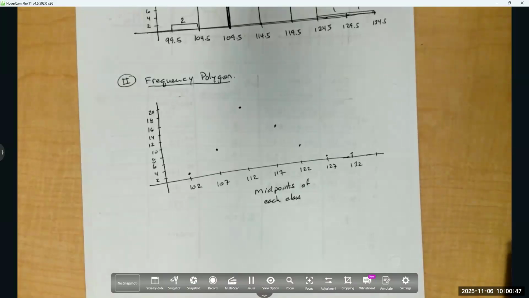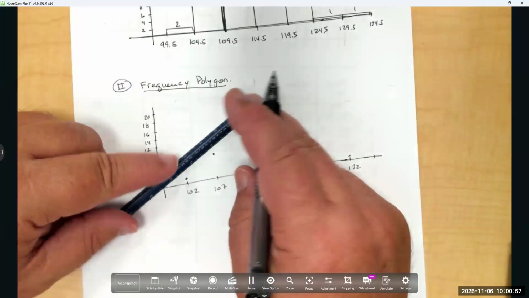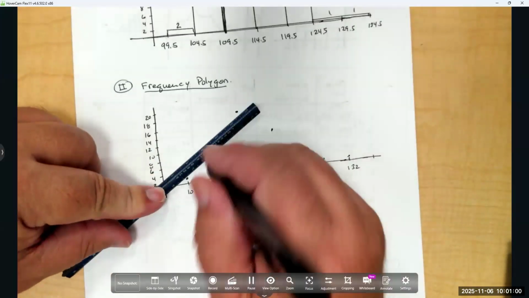So how do we draw the graph? Just connect the dots, pretty much. But there's one thing you have to do, make sure at the very end, after we connect all the dots.